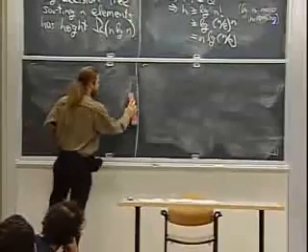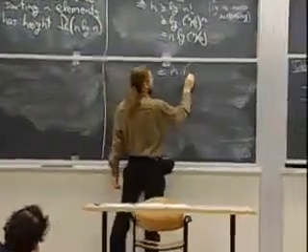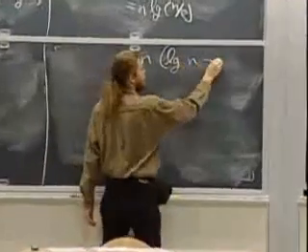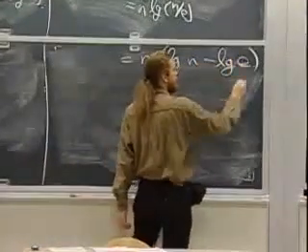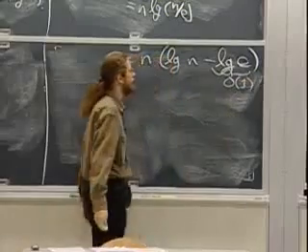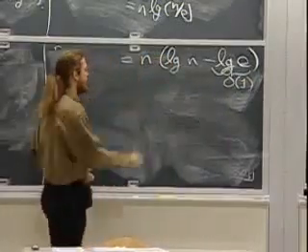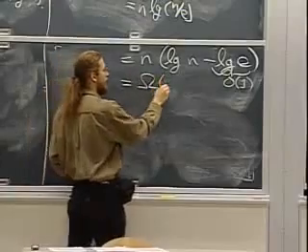That's just log of n minus log of e. So this is n log n minus log e. Log e is a constant, so it's really tiny compared to this log n, which is growing with n. So this is omega n log n.